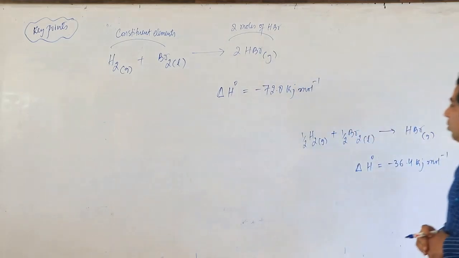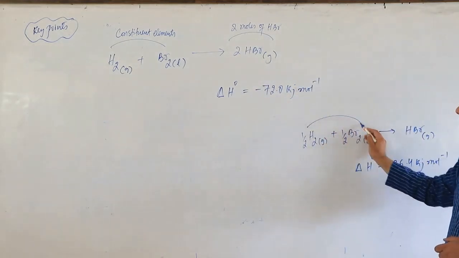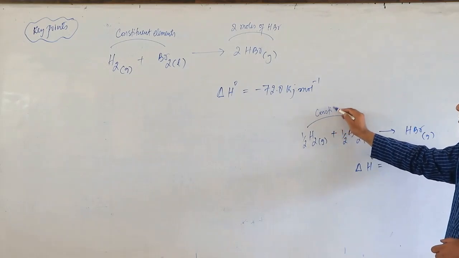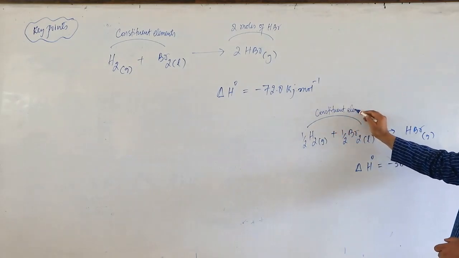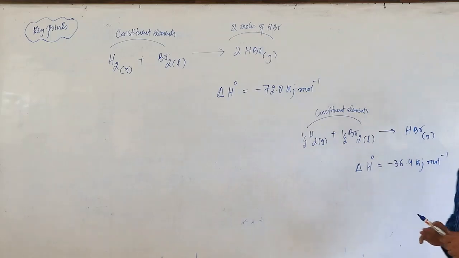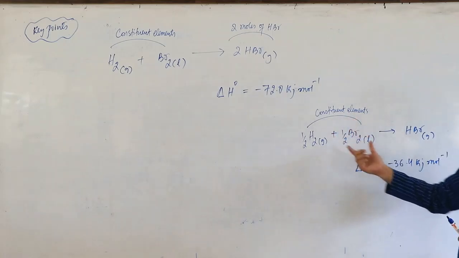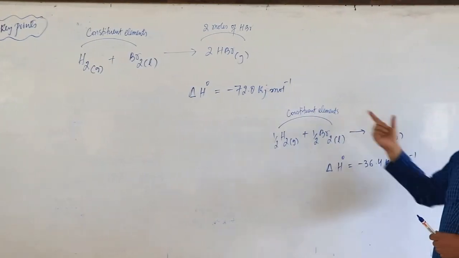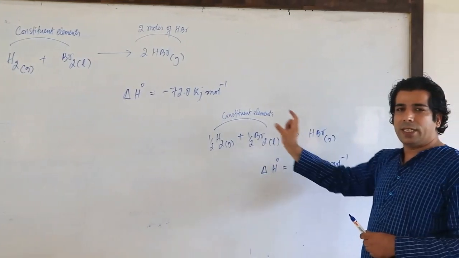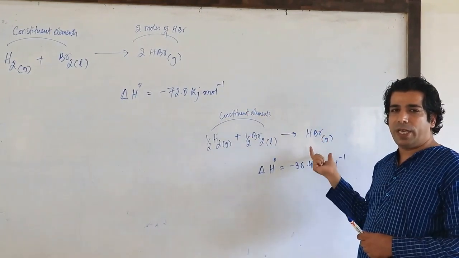Now look at this reaction. These are also the constituent elements. Why do we call them constituent elements? Because HBr is made from H and Br. So these are the constituent elements which make HBr.